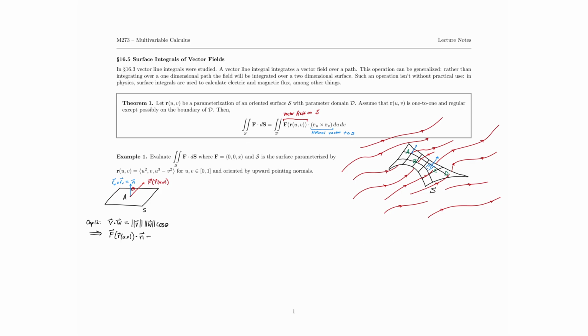Then this is equal to the strength of the vector field at this point on our surface, times the magnitude of this normal vector, times the cosine of the angle theta between them. Oops, not dotted with, this should be magnitude. My apologies. Magnitude.